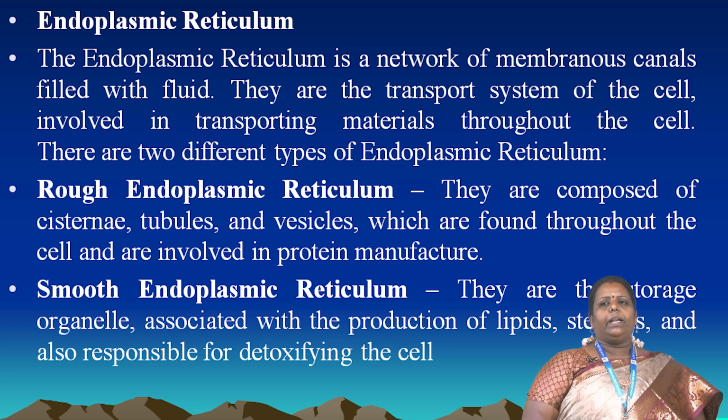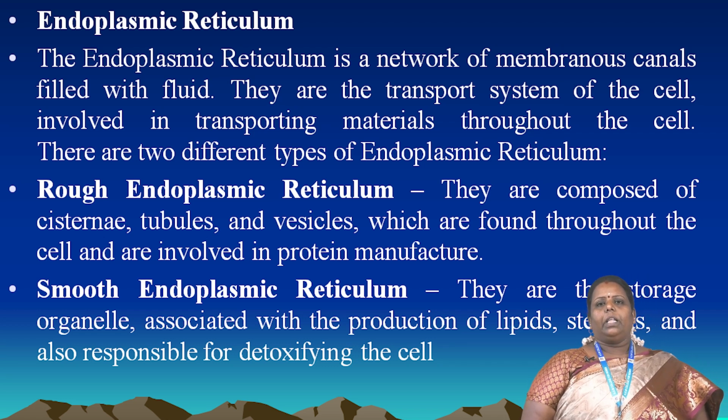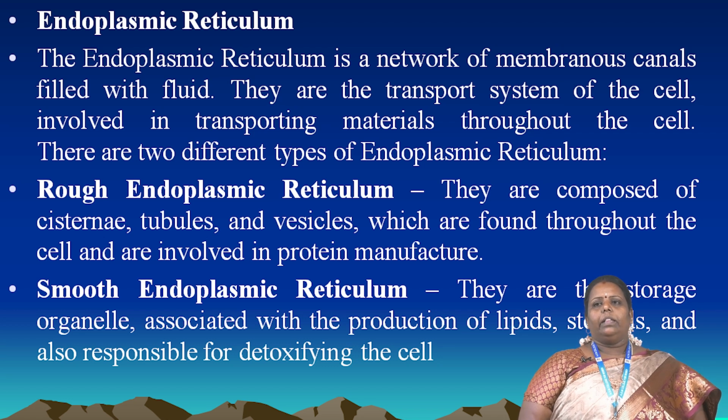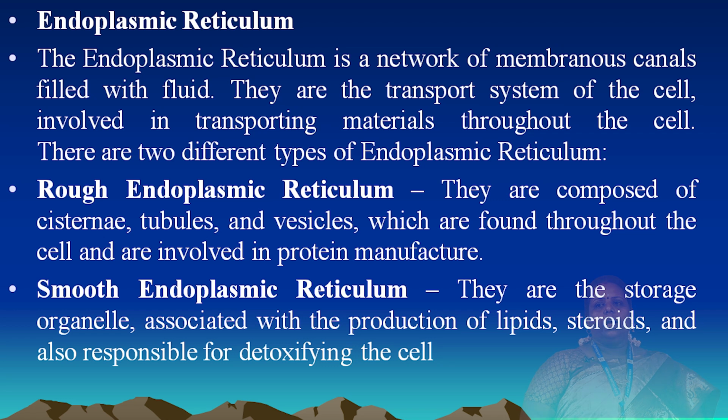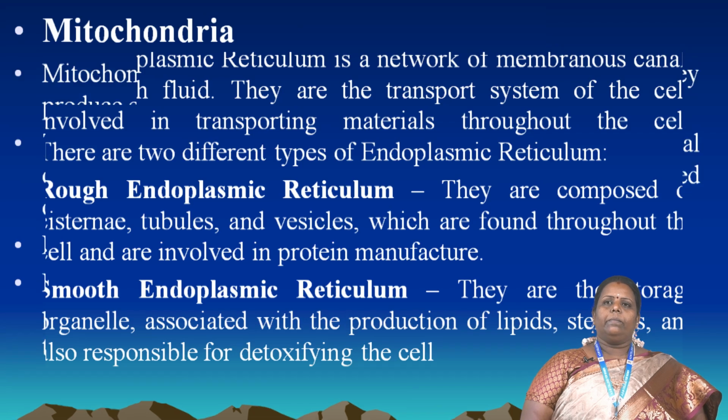Normally, the rough endoplasmic reticulum is composed of cisternae, tubules and vesicles, which are found throughout the cell and are involved in protein manufacture. The smooth endoplasmic reticulum is the storage organelle. It is associated with the production of lipids and steroids and is also responsible for detoxifying the cell.